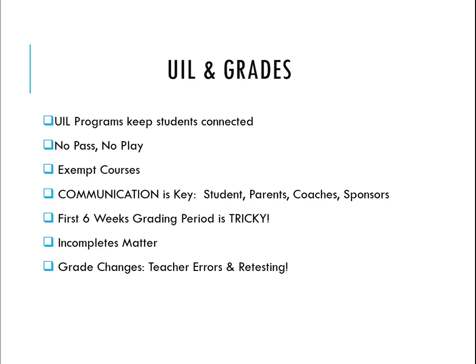So when the grading period is up and grades are in, I often get questions about grade changes. You can change a grade pretty much at any point that you want to, as long as you're communicating with me about those grade changes. If you change a student's grade, it does not automatically make them eligible for UIL participation.